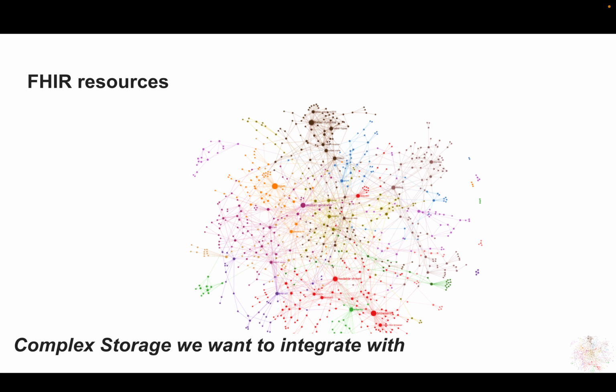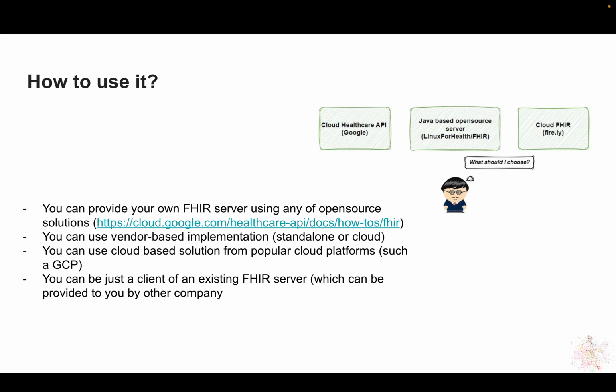This picture is a picture of the dependency hell anti-pattern. For us, it only means that we want to integrate with a very complex repository, and it has a lot of dependencies between the resources. For those who are interested in starting to use FHIR, here's the slide on how you can use it.